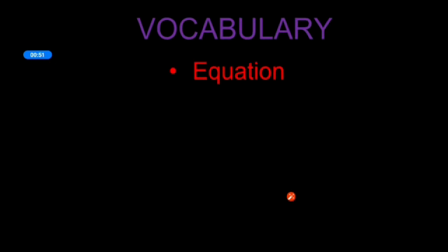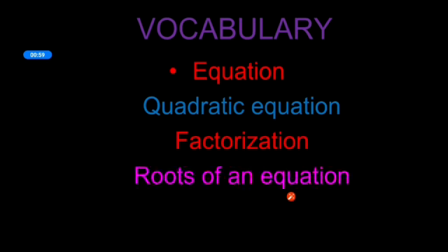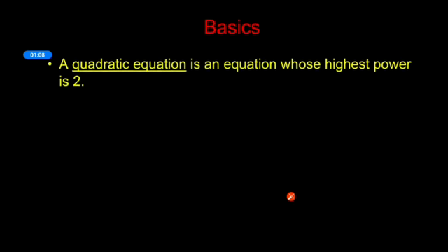Now, the vocabularies that you are going to come across: equation, quadratic equation, factorization, roots of an equation, quadratic expressions. Now let's start with the basics. A quadratic equation is an equation whose highest power is 2.